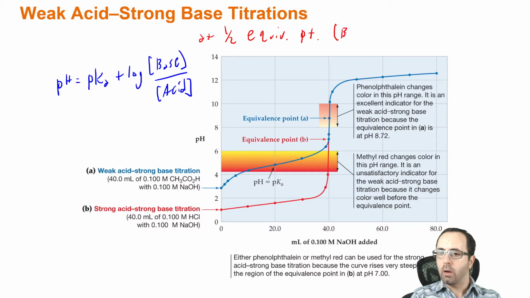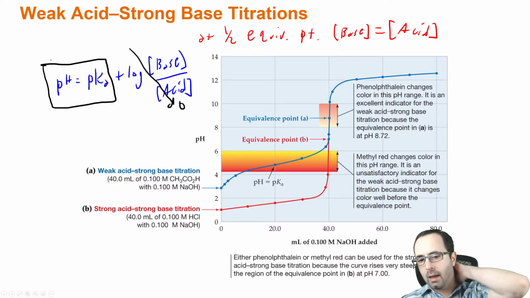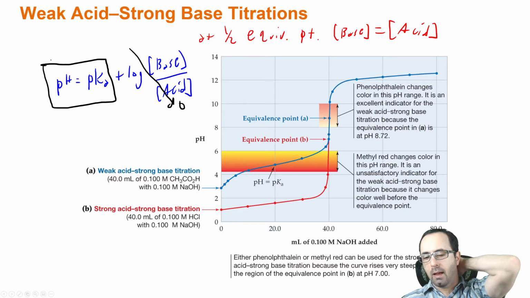So your concentration of your conjugate base will be the same as your concentration of your acid. And what that means is this fraction will be 1, and the log of 1 is 0. So at the halfway equivalence point, the pH is equal to the pKa of the weak acid in that titration.